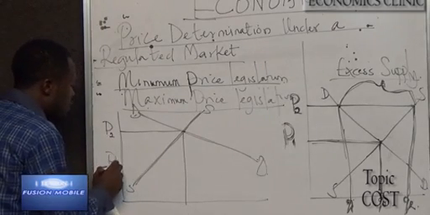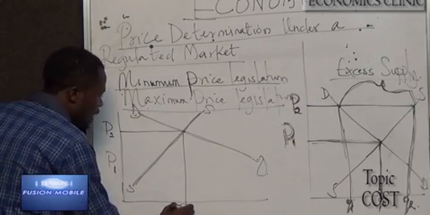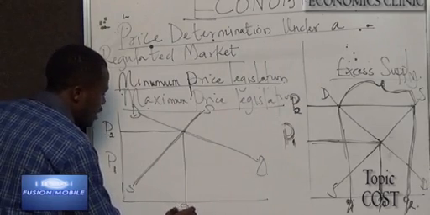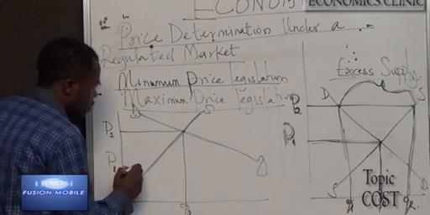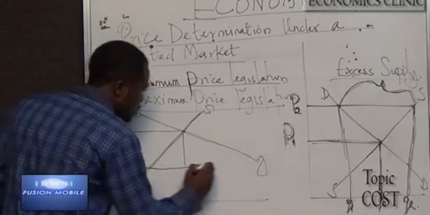Now we have price 1, don't forget we have Q1 here, Q2 rather. Price 1 here, drawn across.